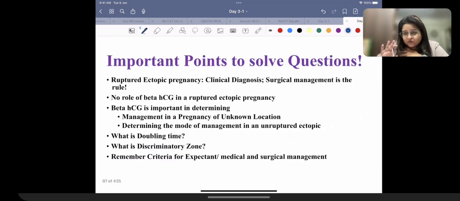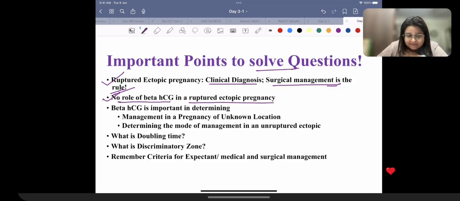And now we go to questions. But before that, I compiled some important things to solve questions. Remember, ruptured ectopic pregnancy is a clinical diagnosis. Surgical management is the rule. There is no role of doing beta HCG in a ruptured ectopic pregnancy.